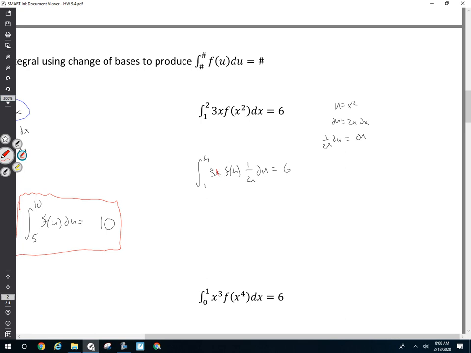The x's will cancel. I'll have 1 to 4, 3 halves, f of u, du equals 6. I'll multiply both sides by 2/3. And I get 1 to 4, f of u du equals 4.